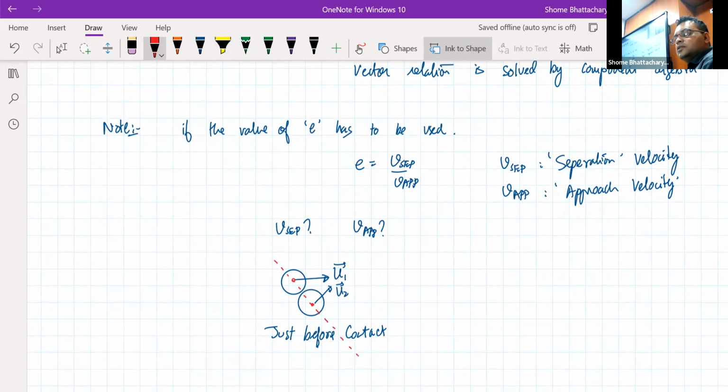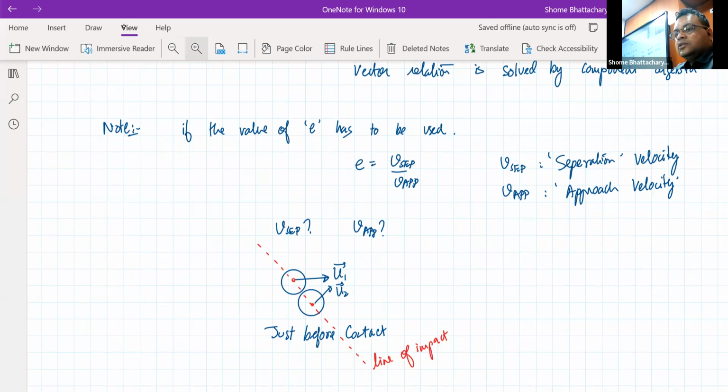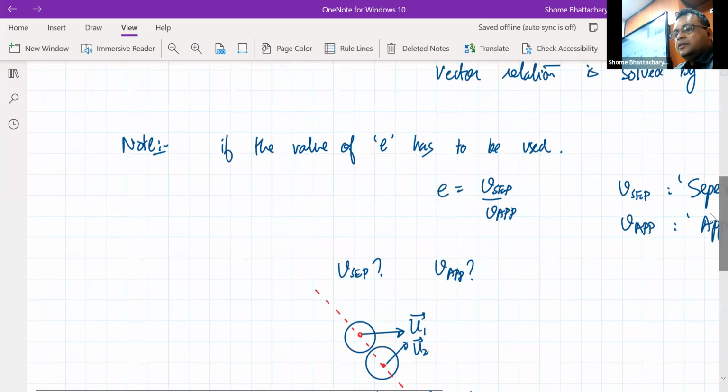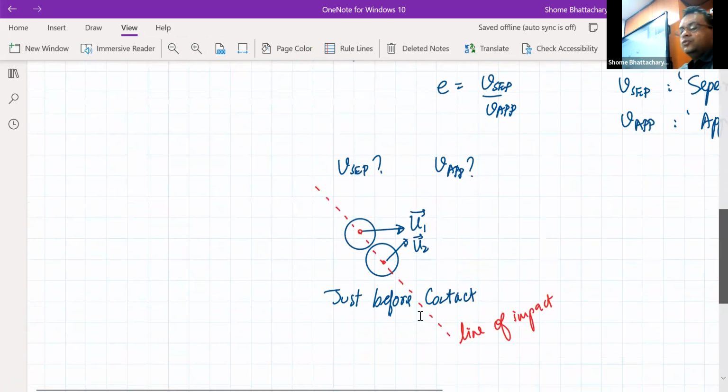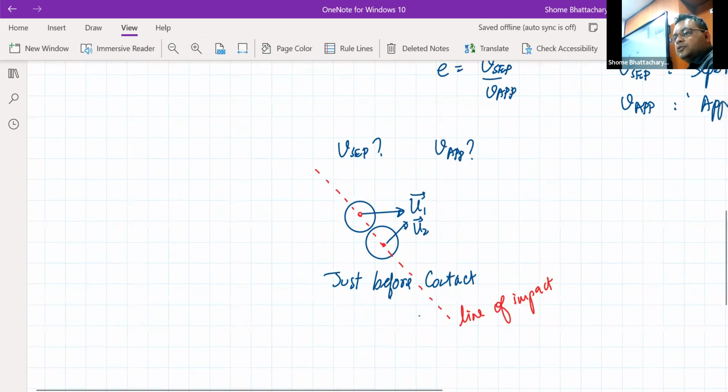That is why the line of impact is very important. The first thing we have to figure out from the diagram and the geometry of the given question is the angles made by the vectors u1 and u2 with respect to this line of impact. Suppose this angle is alpha and this angle here is beta.